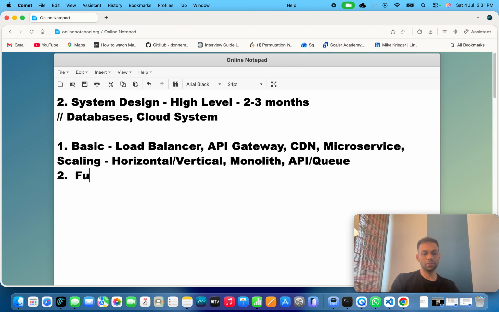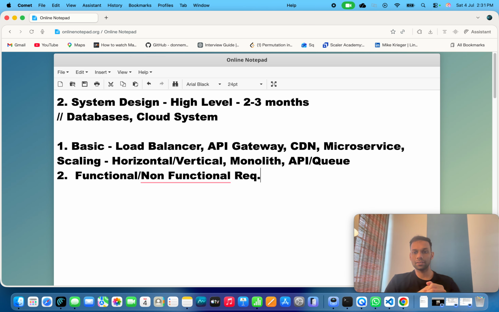Now you should be aware of the functional and non-functional requirements for a given question. So basically, if they give you a problem, for example, design Instagram, a functional requirement will be that a user can follow other users.